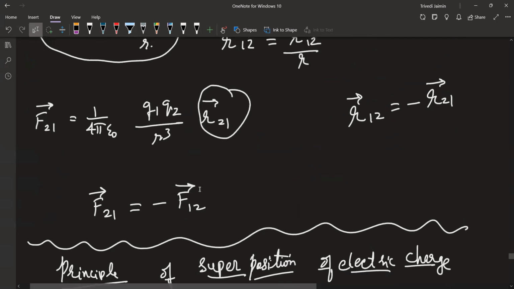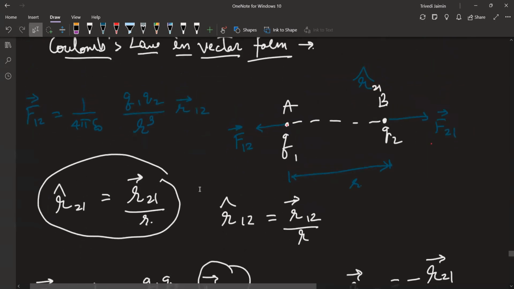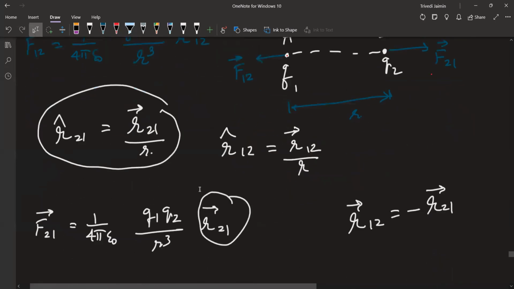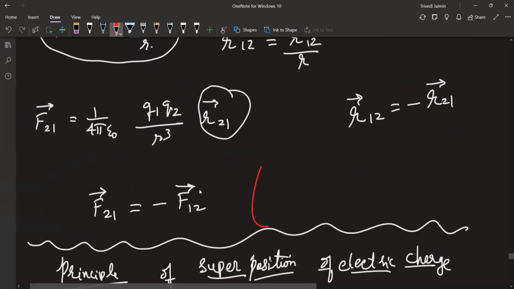It's in vector form, so force 12 and force 21 are equal and opposite, so they follow Newton's third law.